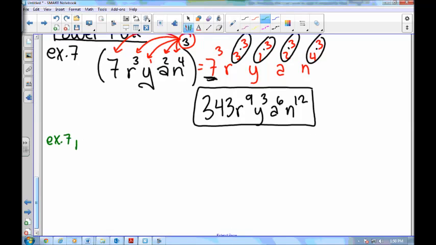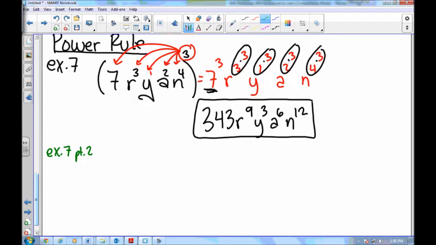Example 7, part 2. This number right here is your copy machine. It's the number of copies. So what you could do is say, oh, I have to copy this, because isn't that what an exponent is? It just copies the number repeatedly by multiplying.